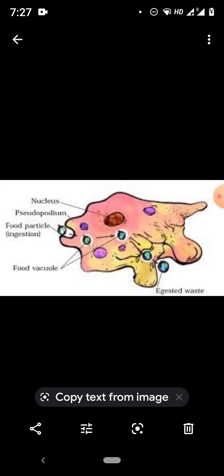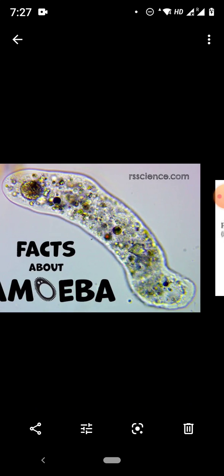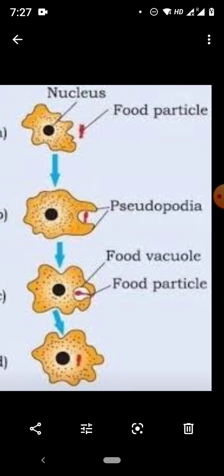Amoeba feeds on microscopic organisms. When it senses the food, it pushes out the pseudopodia around the food particle and engulfs it. The food becomes trapped in the food vacuole and the digestive juices are secreted into the food vacuole.